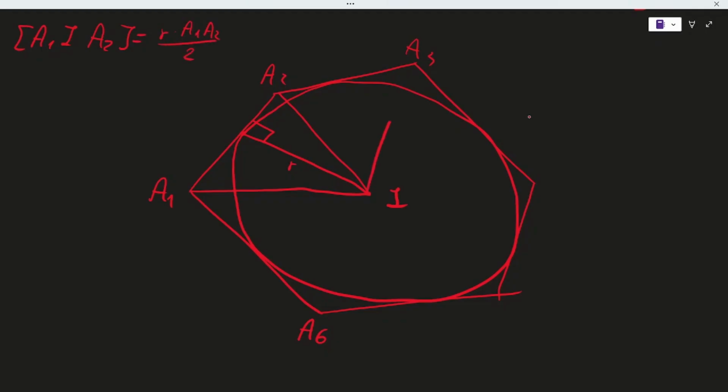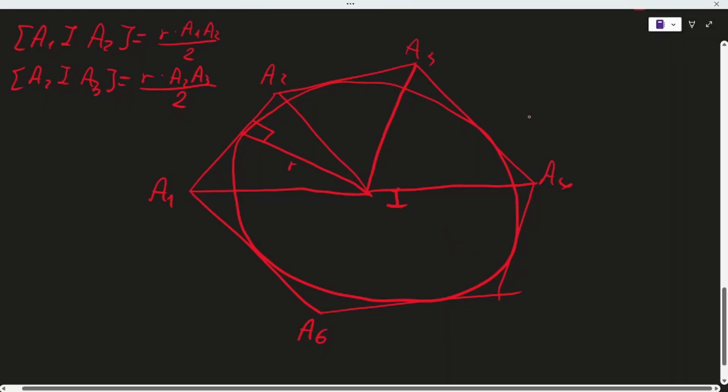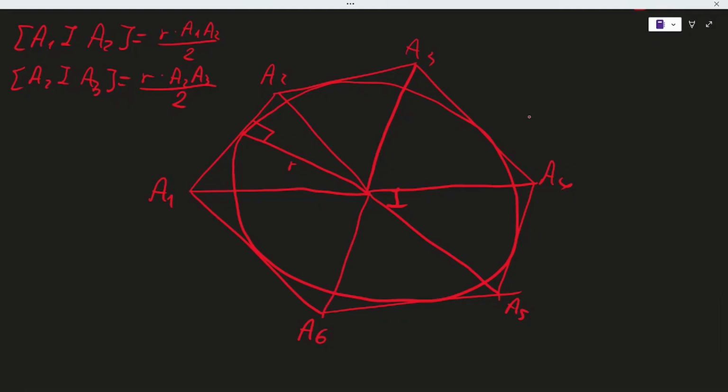Similar logic will work for A2 I A3, where we get R times A2A3 divided by 2. And clearly we can do the same logic for A3 I A4, A4 I A5, A5 I A6, and A6 I A1.